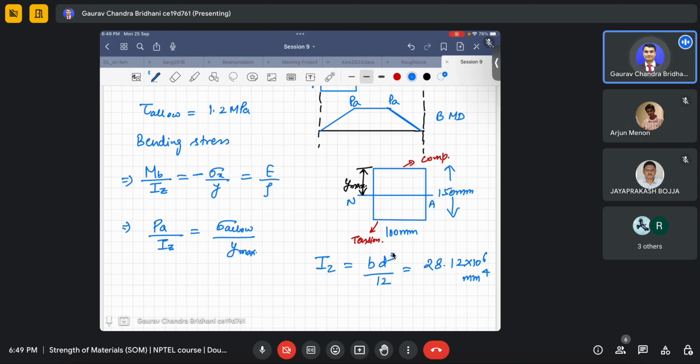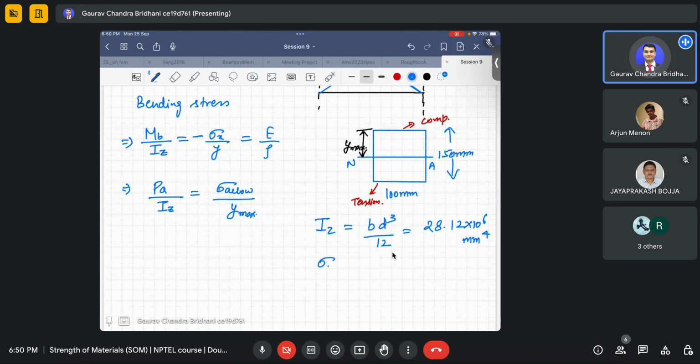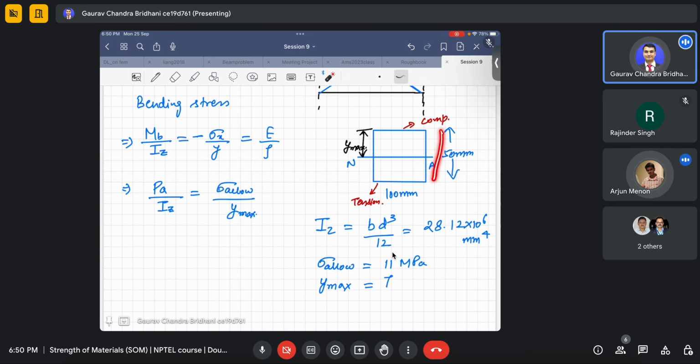This will be the value of Iz. Then what is our sigma allowable? We know that sigma allowable is 11 MPa. Then what is Y max for us? It will be half of the depth, so half of this, it will be 75 mm.